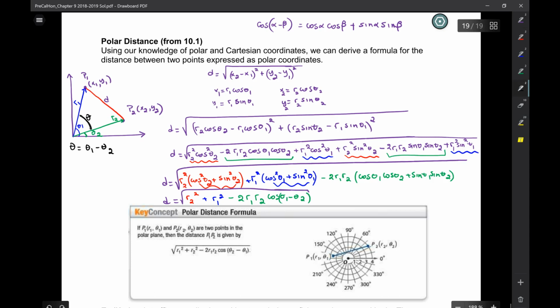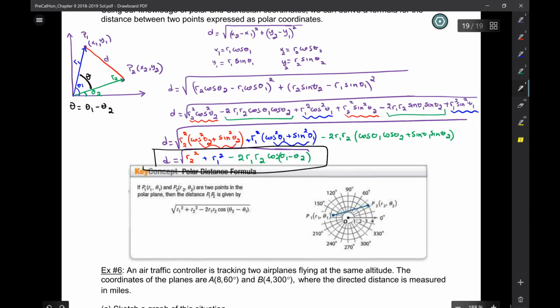But let's just see what we've done. The distance in polar coordinates is R1 squared plus R2 squared minus 2R1 R2 cosine of theta 1 minus theta 2. What's theta 1 minus theta 2?